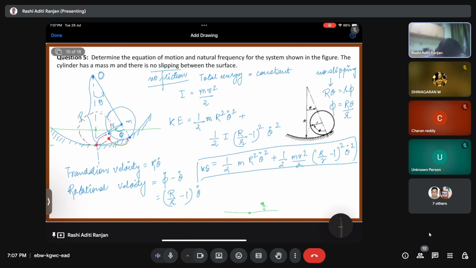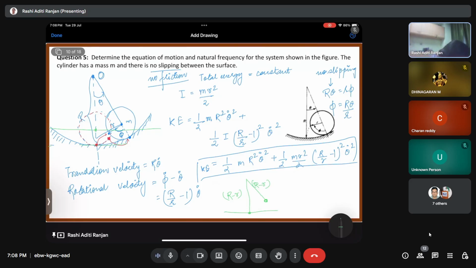We know this is capital R minus small r. Here, this is also capital R minus small r, because this is always constant. It is a circular kind of motion.